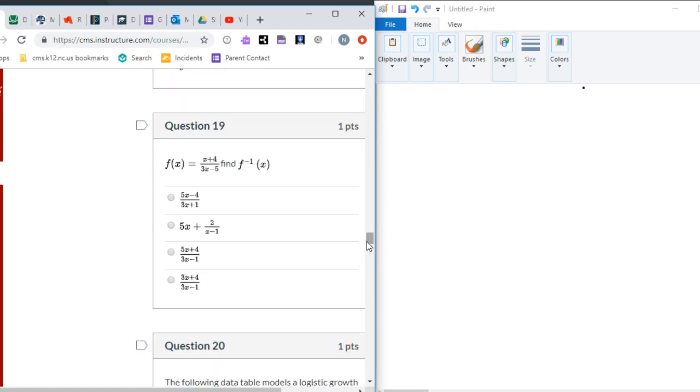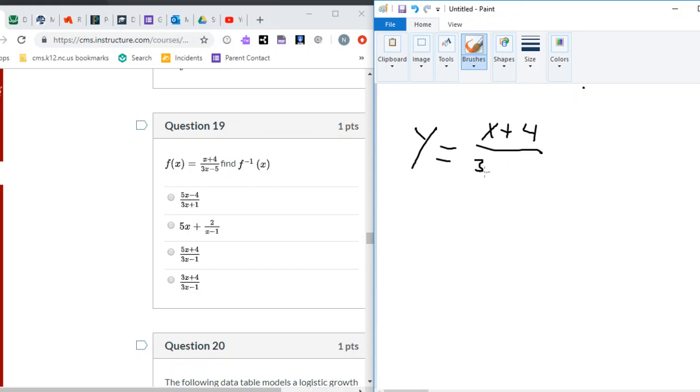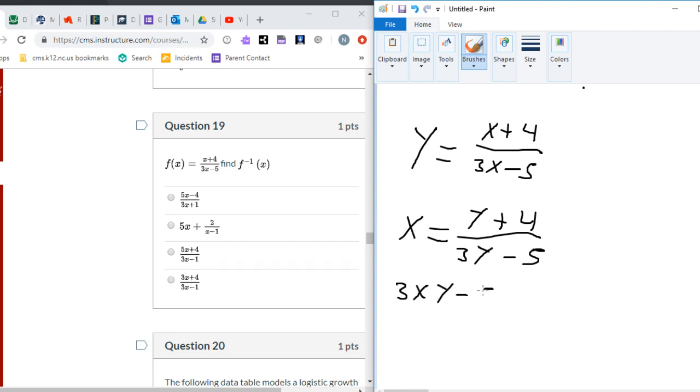Question 19. Y is equal to (x plus 4) over (3x minus 5). Find the inverse of the function. So y is equal to (x plus 4) over (3x minus 5). Swap: x is equal to (y plus 4) over (3y minus 5). 3xy minus 5x is equal to y plus 4.